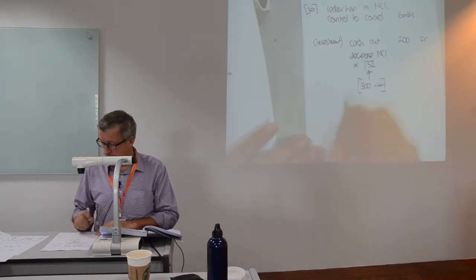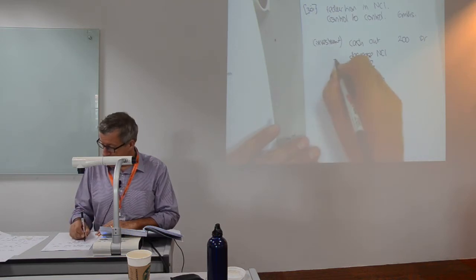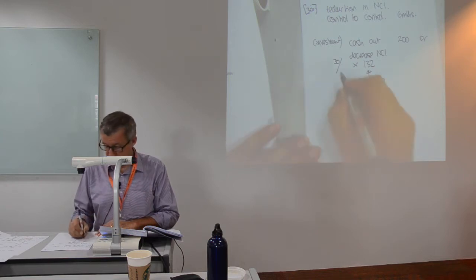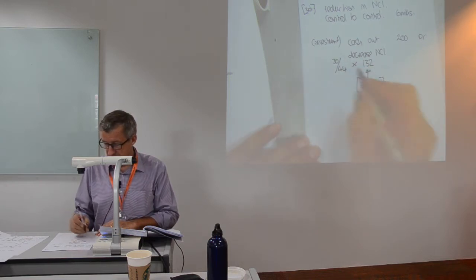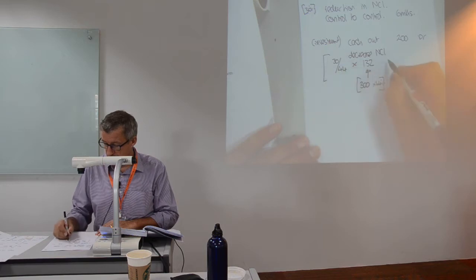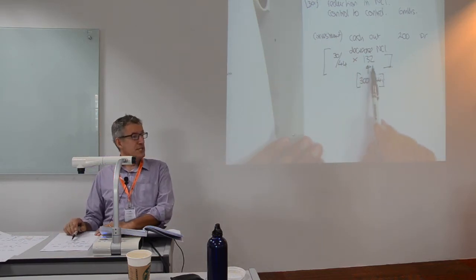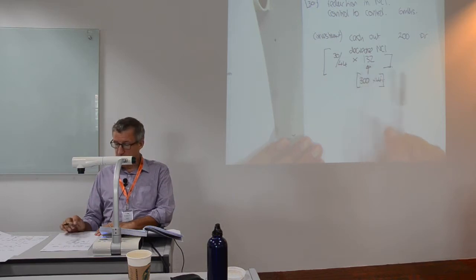Now the fraction that I'm buying is 30 out of the 44. So I'm buying 30 out of the 44. So the NCI balance would be 132.